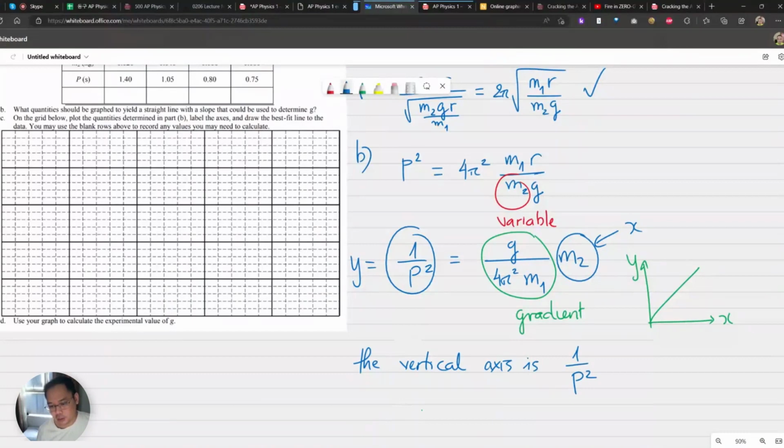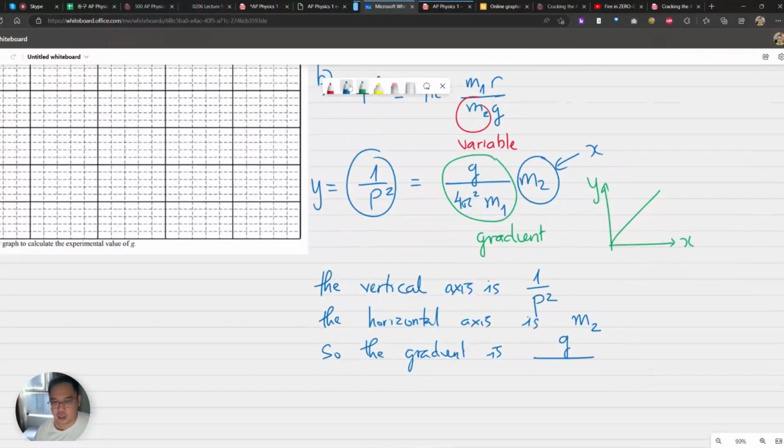One over p squared on the vertical axis, and the horizontal axis is m2. So the gradient is g over 4 pi squared m1.